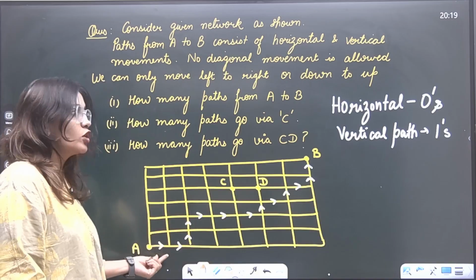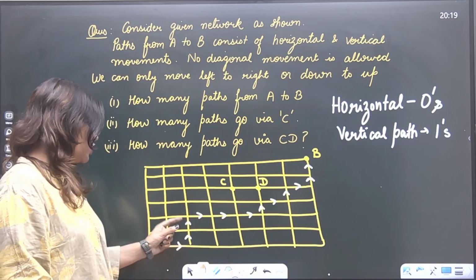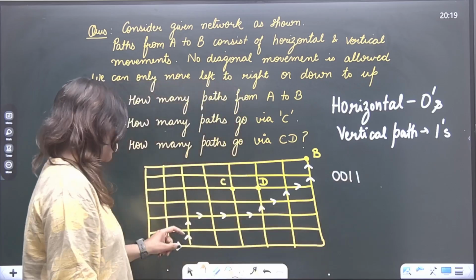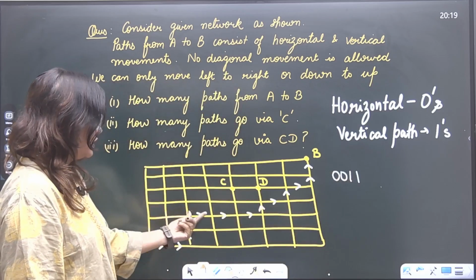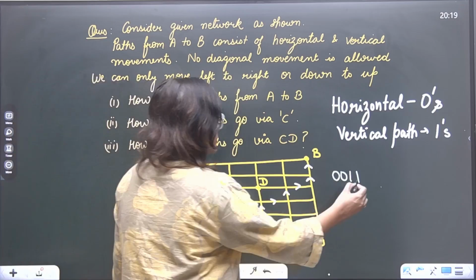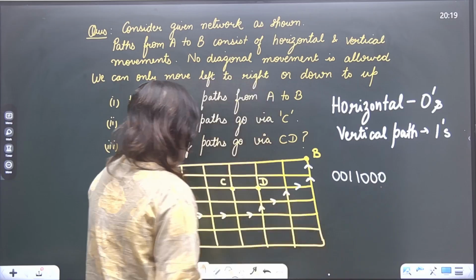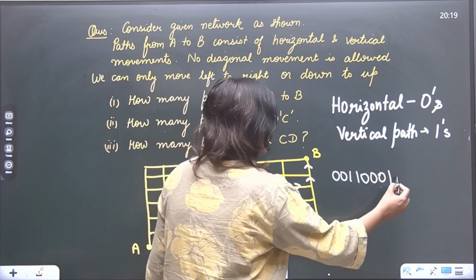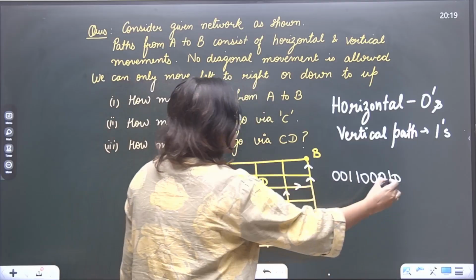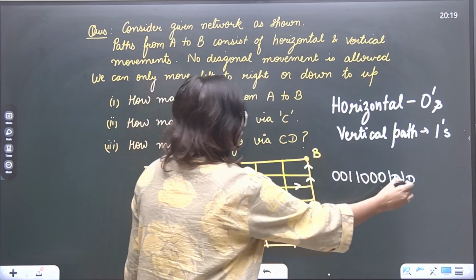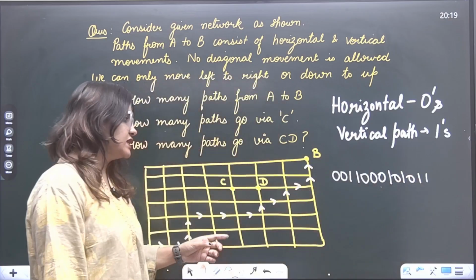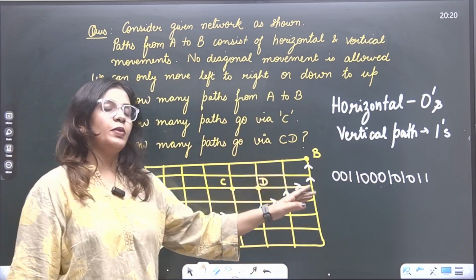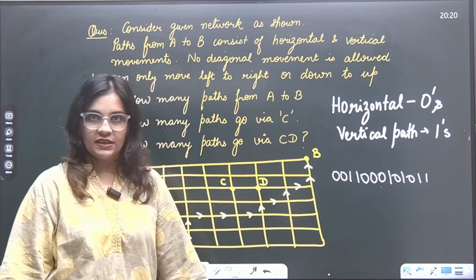We will write horizontal as 0: 0, 0, 0, 3 times 0, right? Then 1, then 1, 0, again 1, 0, and then 1, 1. So out of a lot of paths, this particular path is represented by this binary sequence.